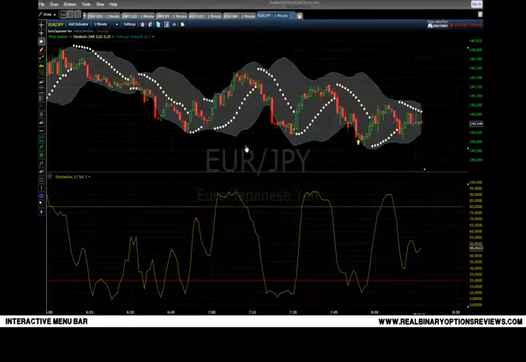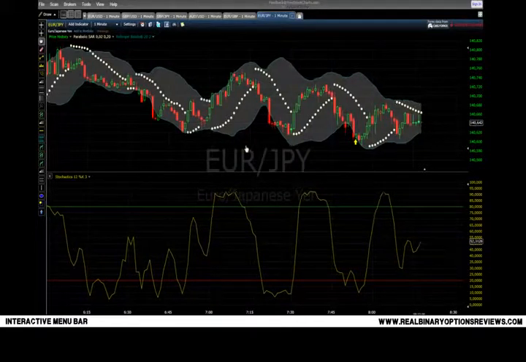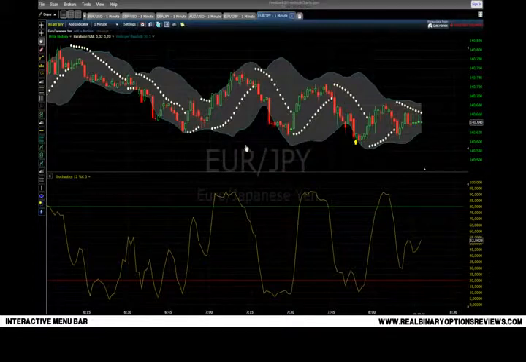So this is best traded in the ranging markets. Also the price can be a little bit more volatile, but if it comes into a trend, if you're having constant and longer trends, then it's not such a good system to trade in the trends. So you just have to avoid the trending markets and wait for the ranges to develop to be able to continue to trade this system efficiently.